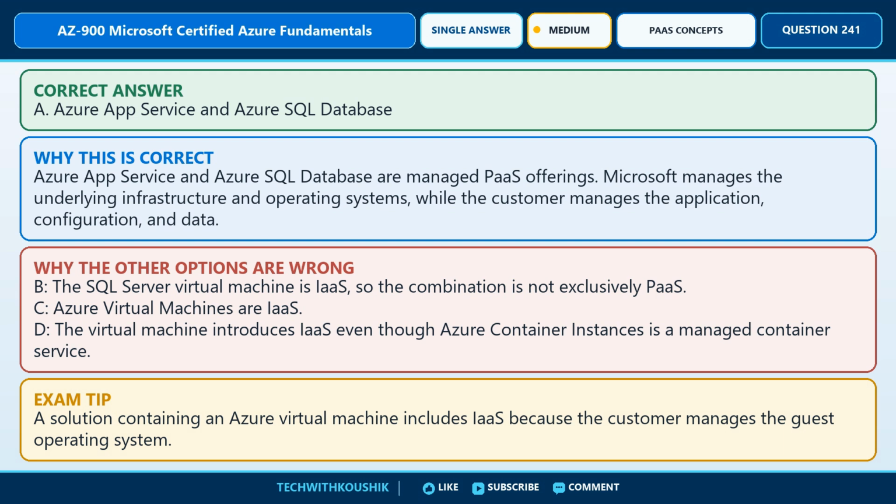C. Azure virtual machines are IaaS. D. The virtual machine introduces IaaS even though Azure Container Instances is a managed container service. The main takeaway is a solution containing an Azure virtual machine includes IaaS because the customer manages the guest operating system.